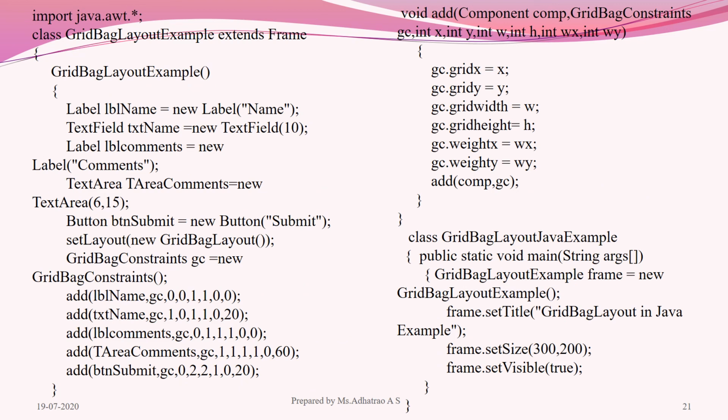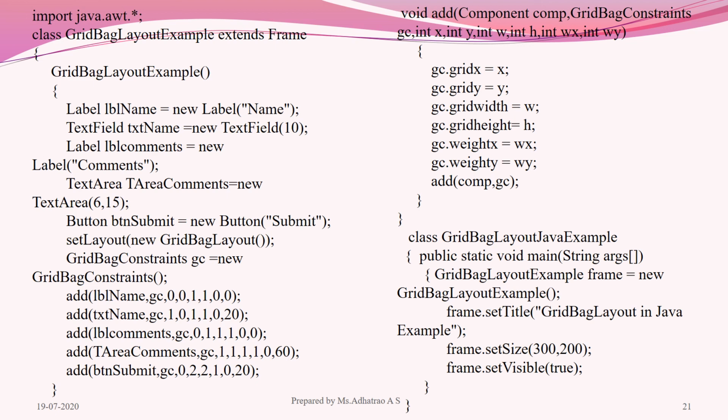So this is an example of grid bag layout. As we discussed, we need to use the GridBagConstraints object to set the grid bag layout. So here I am taking the components label, text field, text area, and button. By using the setLayout method, setLayout(new GridBagLayout()).